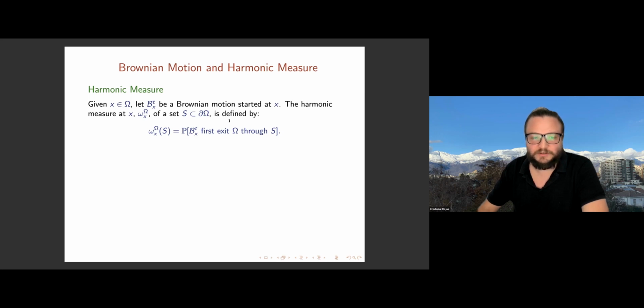Then the harmonic measure is a measure defined on the boundary of the set, which depends on the point where we started the Brownian motion, and gives to a given subset of the boundary the value that is the probability that the Brownian motion first exits the domain through this set here.